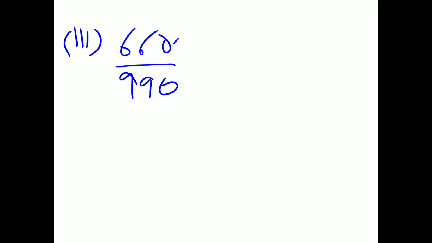Next one is 660 divided by 990. 0 and 0 cancel. 66 and 99 come in which table? It comes in the table of 11. Clear? 11 6s are 66, 11 9s are 99.